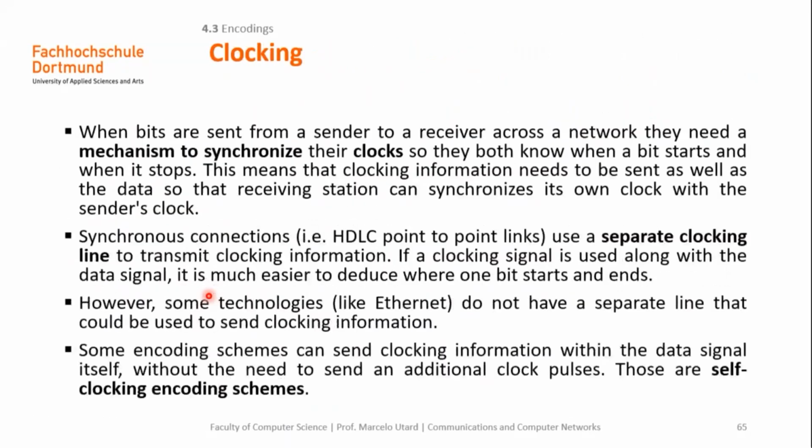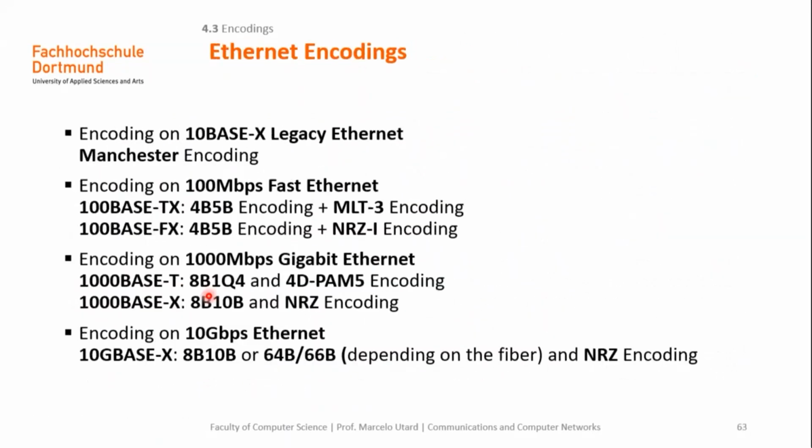And remember that, for instance, we could use NRZ-I combined with 4B/5B. Why? Because 4B/5B provides the self-clocking that NRZ-I lacks.